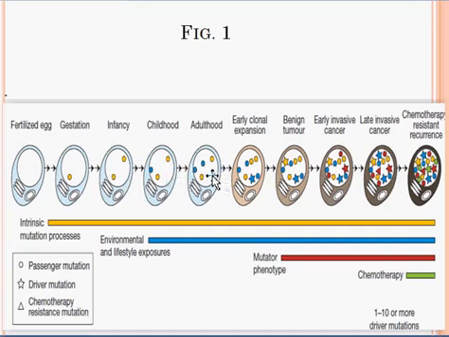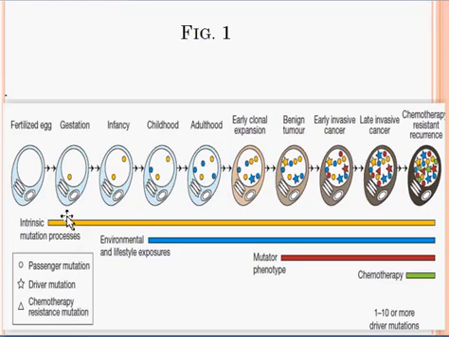Initially there are 2 or 3 mutations per cell, not so bad, but then we cross a threshold and we have more and more mutations, like here early invasive cancer, late invasive cancer, and even chemotherapy causes mutations. So this is what happens to any one of us.